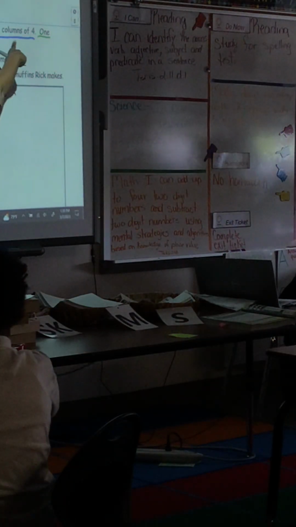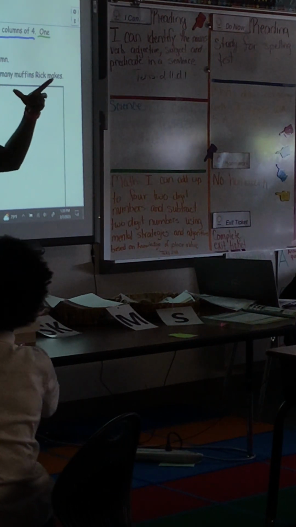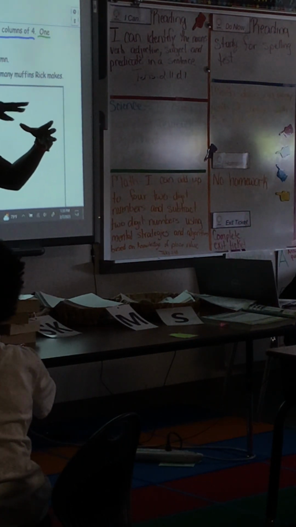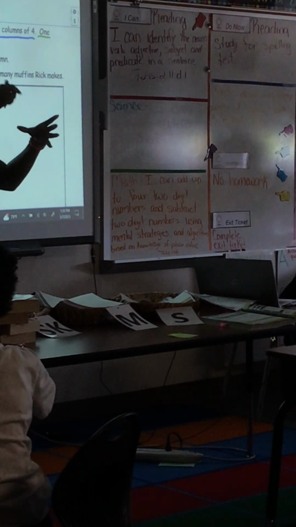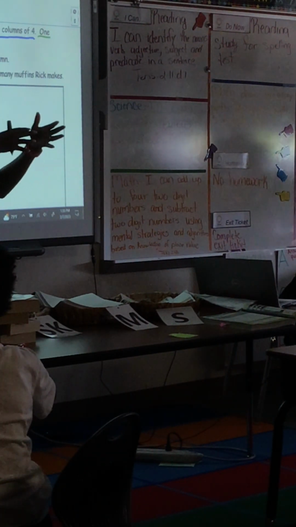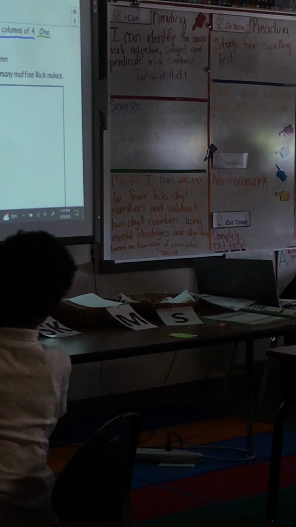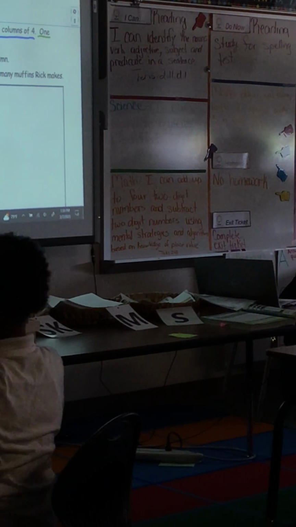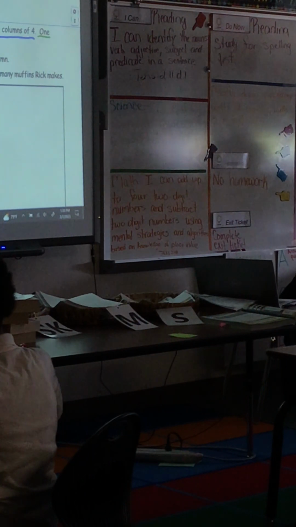So we have 2 columns of 4s. Anybody know what a sheet pan is? A muffin pan that your parents may have at the house. You put the cake mix or whatever you're baking that day into them. So we're going to draw that. And how many are in each? 1, 2, 3, 4. 1, 2, 3, 4.